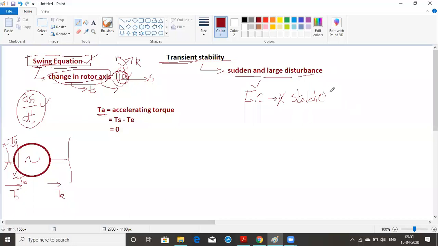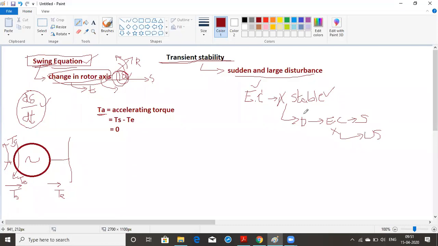You call it stable if a disturbance takes place and it still achieves the equilibrium condition. If it does not achieve the equilibrium condition, then you call it unstable. Clear?